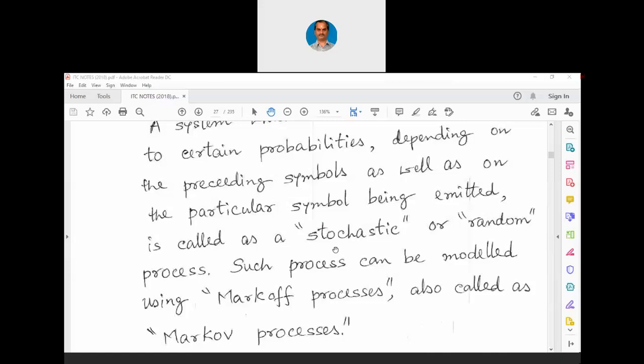The term stochastic itself is a much larger word. Such a process can be modeled in many ways. One such model chosen here is the Markov process, named after the person Markov who modeled a stochastic or random process in his own way using joint probabilities. There are many other models available, but this has been a popular model for communication systems.